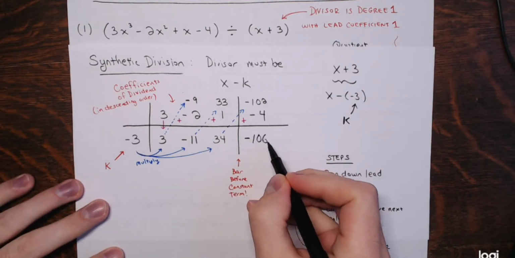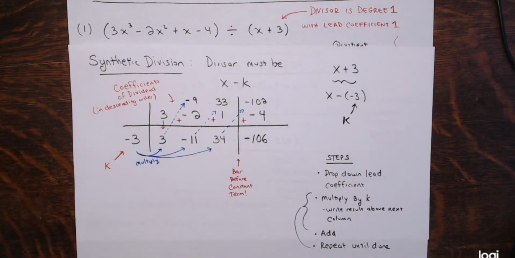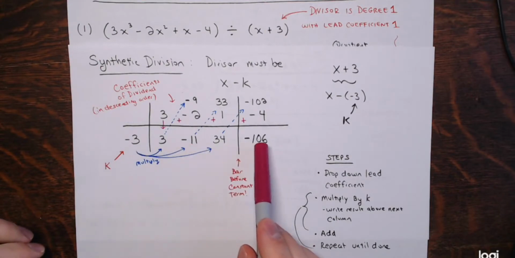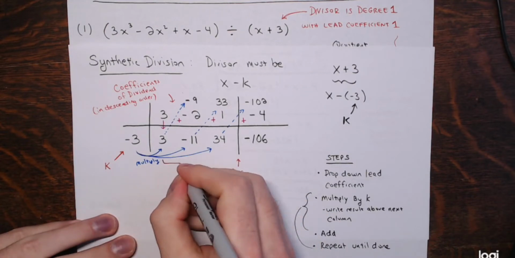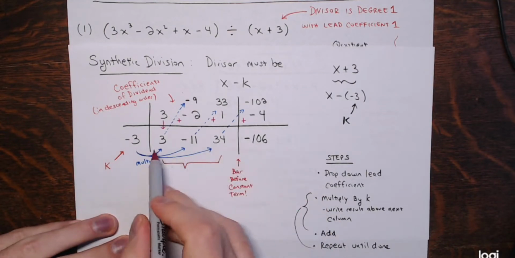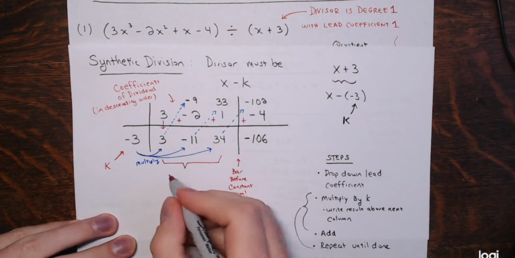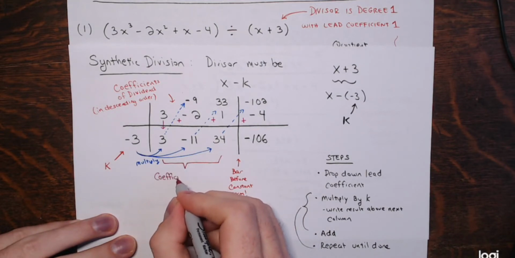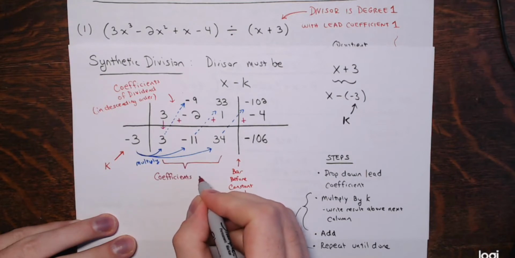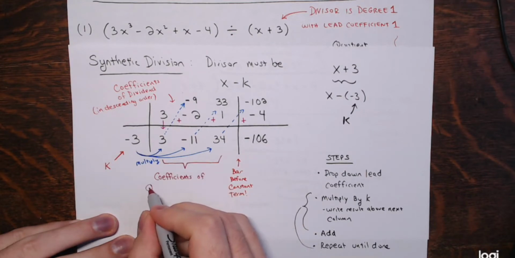Right. Now once you are finished, these numbers I wrote in the second row here, these numbers in between the bars, these are the coefficients of the quotient, in descending order.